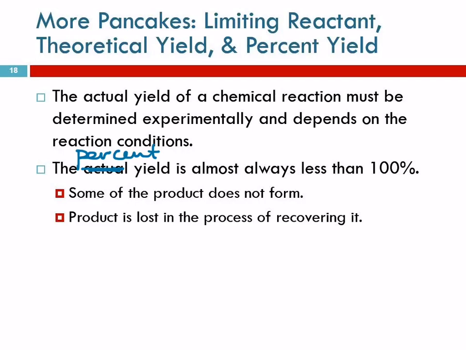If you're making a solid and the solid is wet when you weigh it, the mass of the water that's making it wet is going to be included in the mass of the product, and it's going to appear that you made more than you actually did. So your calculated percent yield will be greater than 100%, even though you made an error.